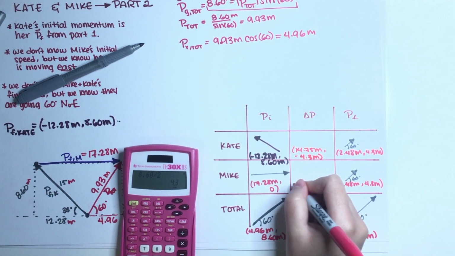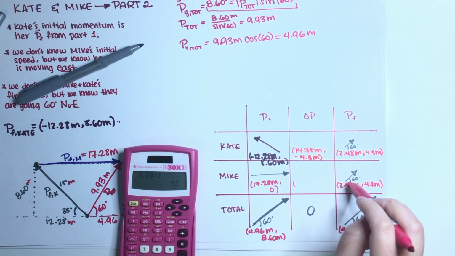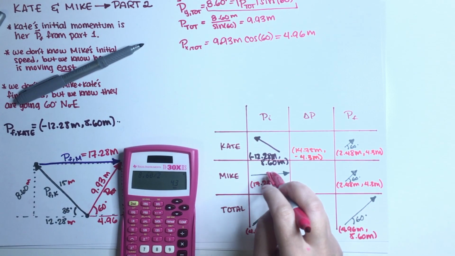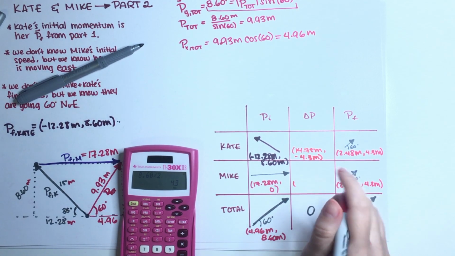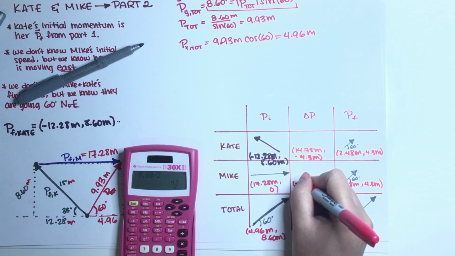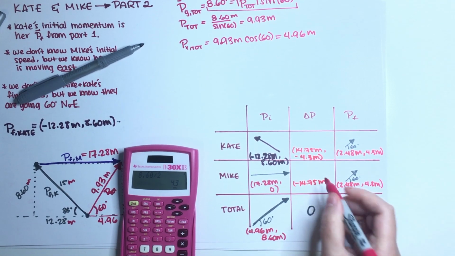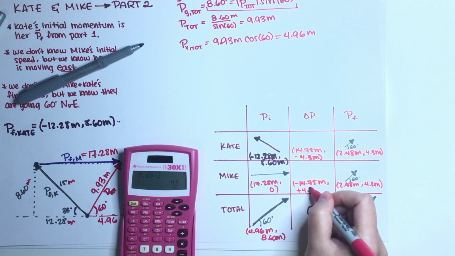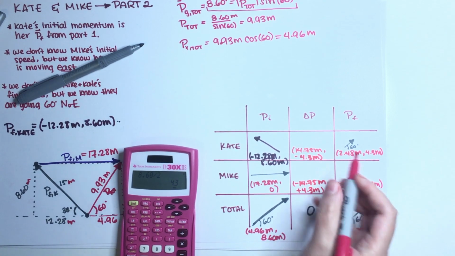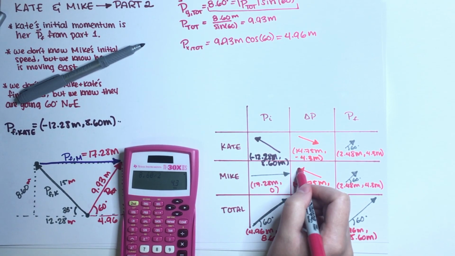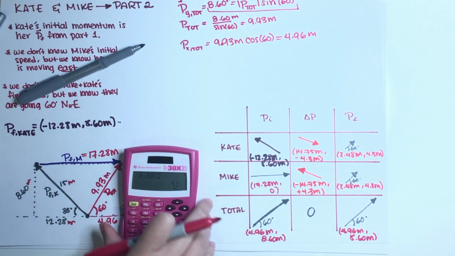Might be wrong, but I don't think so. And now for this one, final minus initial, so 2.48 minus 17.28, that is going to be equal to negative 14.75 m. Oh yeah, and also these two have to add up, so this is just going to be 4.3 and positive. All right, so this is just going to be an arrow like this. This is just going to be some arrow like this, and the momentum chart is complete.